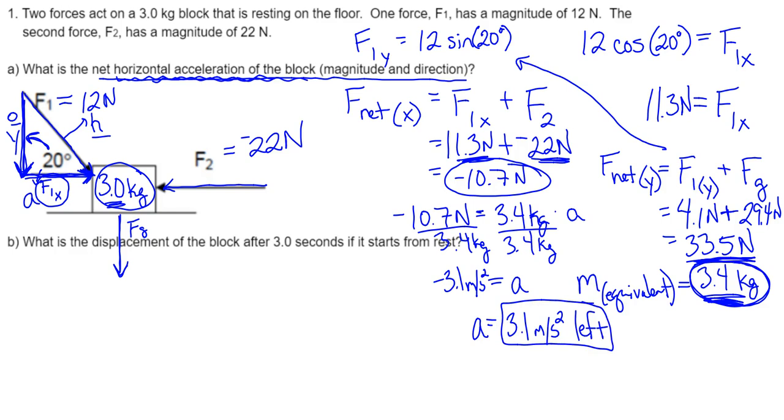Well, the displacement, we are going to use D equals initial velocity times time plus 1/2 acceleration times time squared. Since we know that it's starting from rest, that means that our initial velocity is equal to 0. Well, 0 times t is 0.